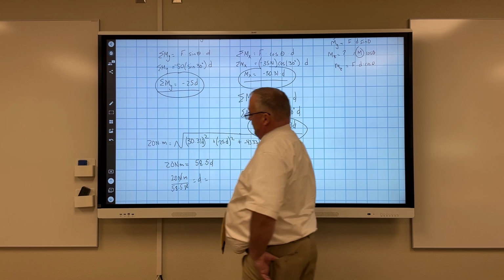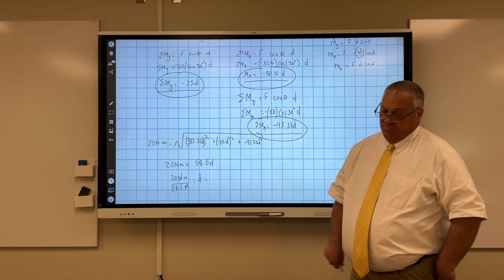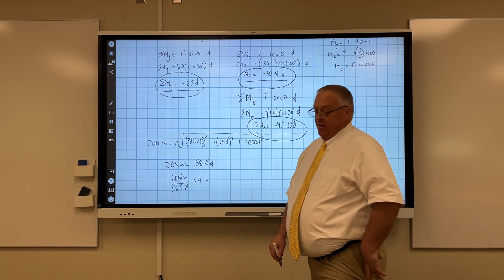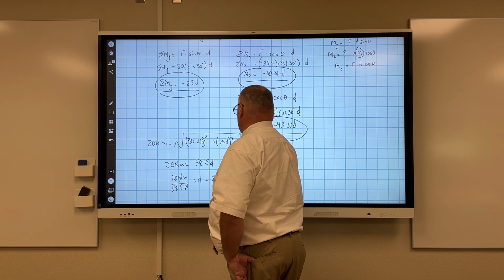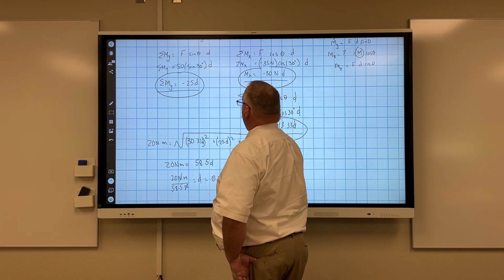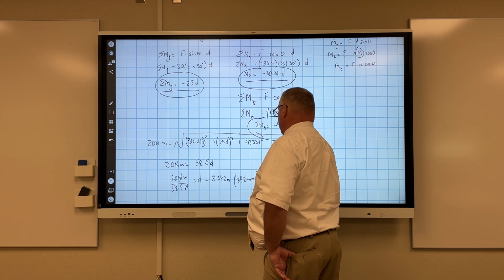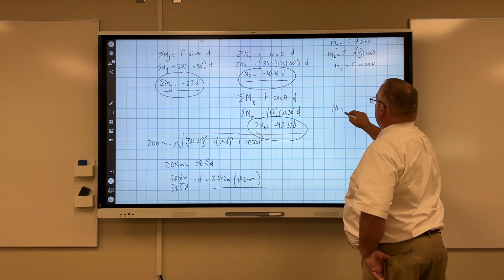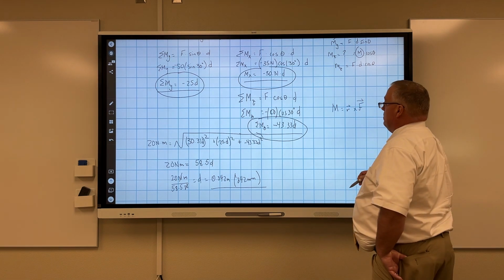So 20 over 58.5 is a little bit less than a half. So it's somewhere around 0.342 meters, or 342 millimeters. So what does that tell us? Remember, moment is this, okay?